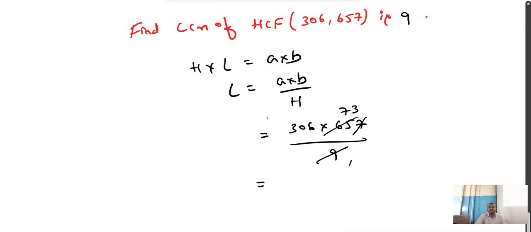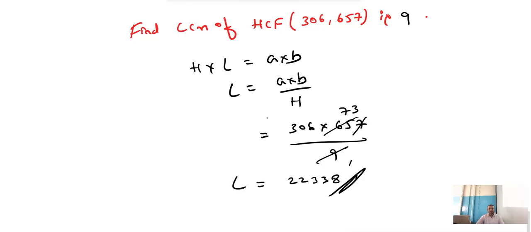Multiply and check. 22338 is the LCM. Followed the steps?